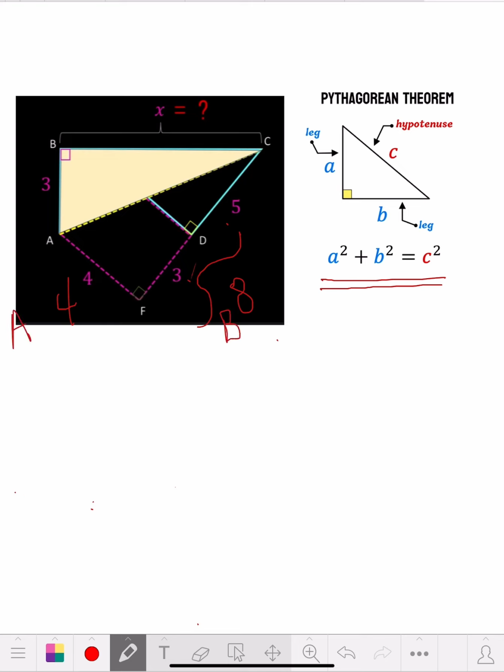So now, let me write this down. I'm just going to copy the whole Pythagorean Theorem: A squared plus B squared equals C squared, and that's my hypotenuse.